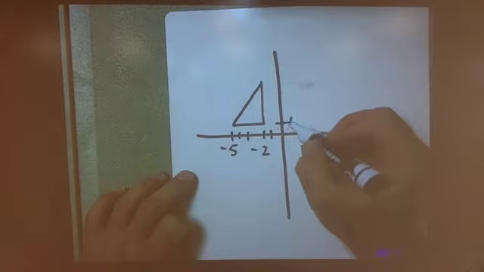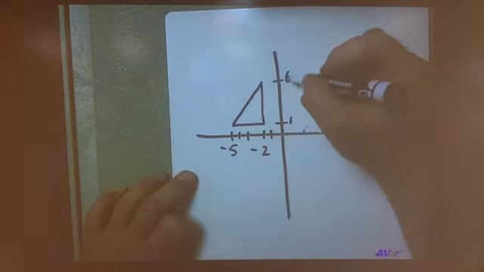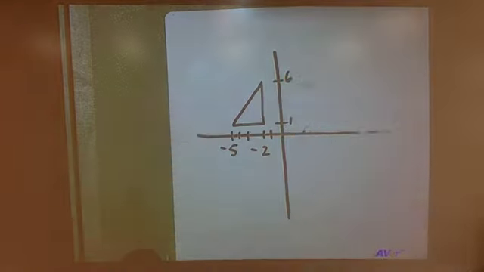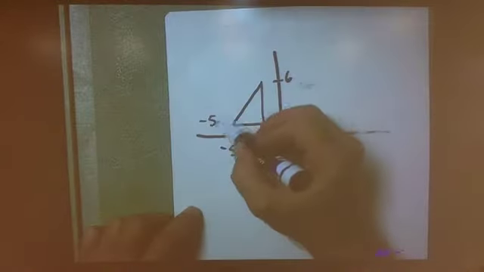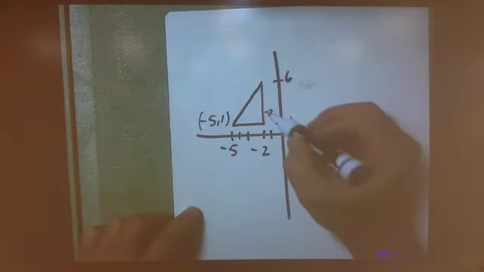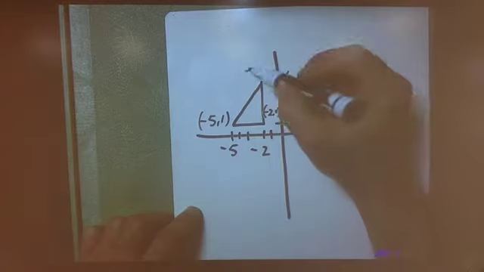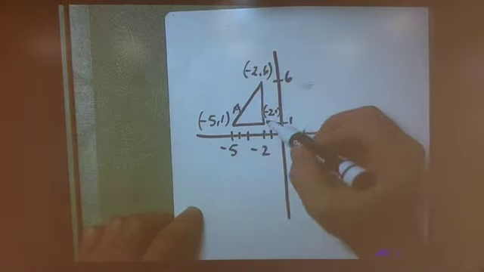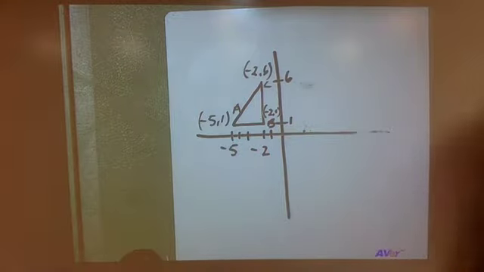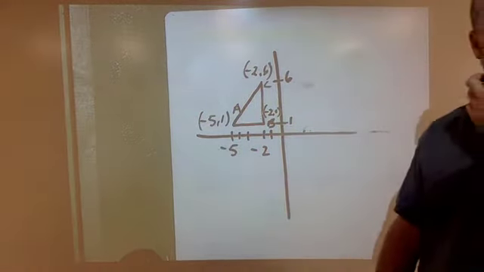We'll say this is 1, and this is 6. All right, so this will be the point -5, 1, -2, 1, and -2, 6 would be our three corners, A, B, C.